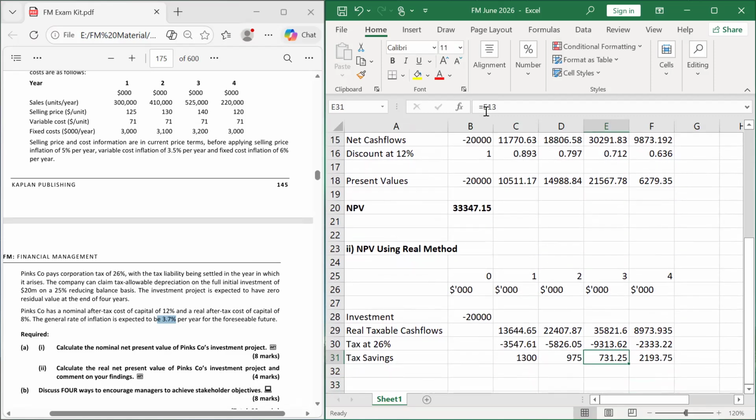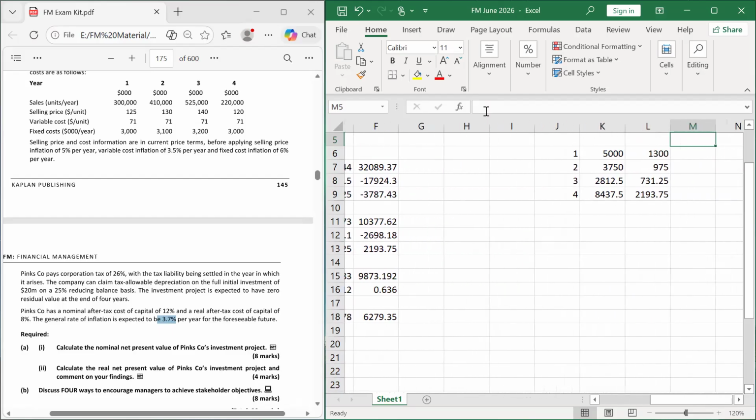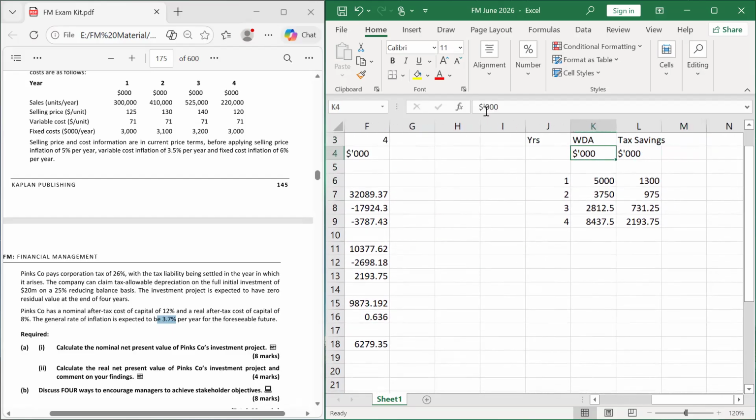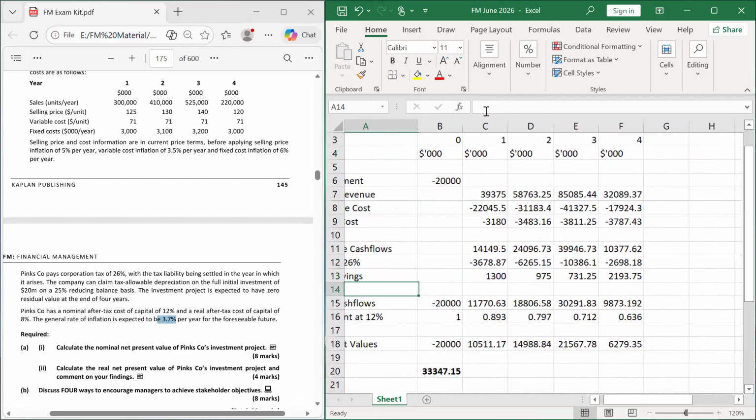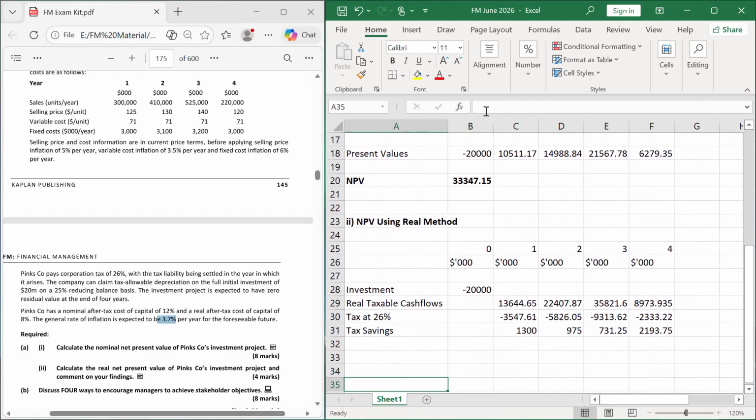The benefit of linking is that, for example, if I had calculated the tax savings wrong and I realized it later on, when I correct the tax savings from here, automatically the tax savings will be corrected in this section as well, and in this section as well. That is the benefit of the linking. That's why I always ask the students to follow this approach.